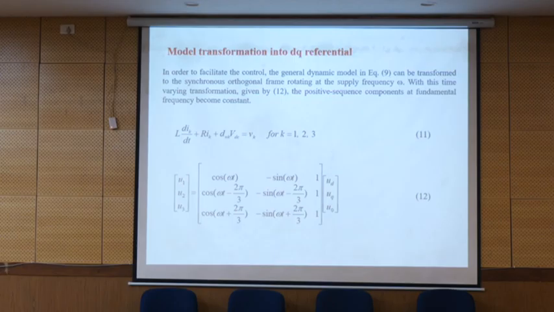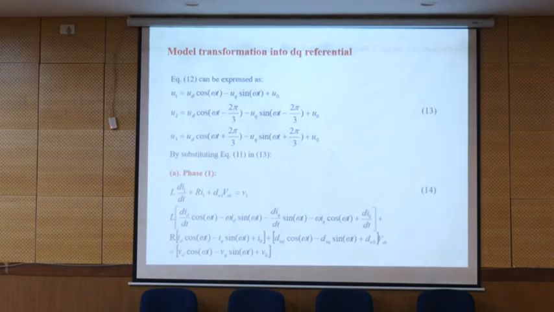The first phase is cosine omega t times u_d minus sine omega t times u_q plus 1 times u_0. U can be voltage or current, or a switching state function, anything you want to transfer. And u2 and u3 are the same. So we start with the first phase.